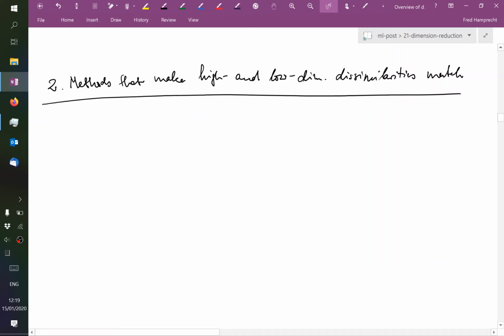All right, and what we will have in this table are a name, then a dissimilarity measure in the high dimensional space, and the same in the low dimensional space.